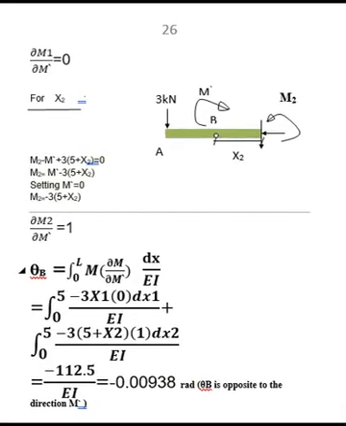Then the partial derivative of M1 with respect to M dash is equal to 0.